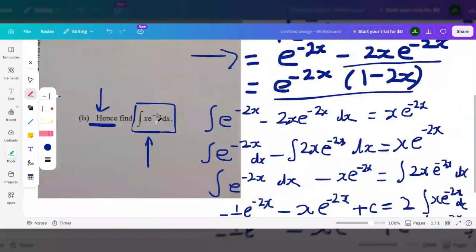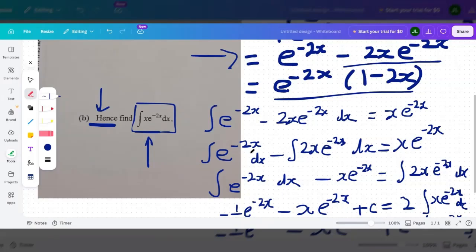Not this part, because there's no x over here, but there is an x over here. So you just need to put it back and form back the equations, because the integration of this is actually the function itself. Correct or not? So what you need to do now is to integrate individually.